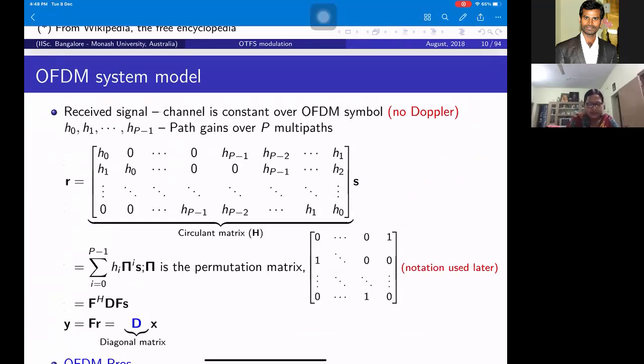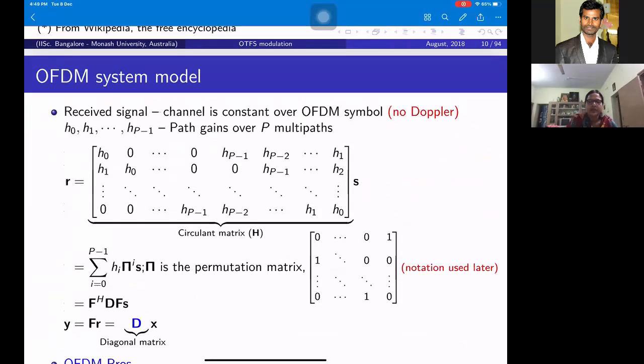Suppose the channel is constant over one OFDM signal. Till now, our assumption for GFDM or OFDM is that the channel is constant for a symbol duration. But when it comes to high-speed traveling, the channel is not constant for a symbol duration.